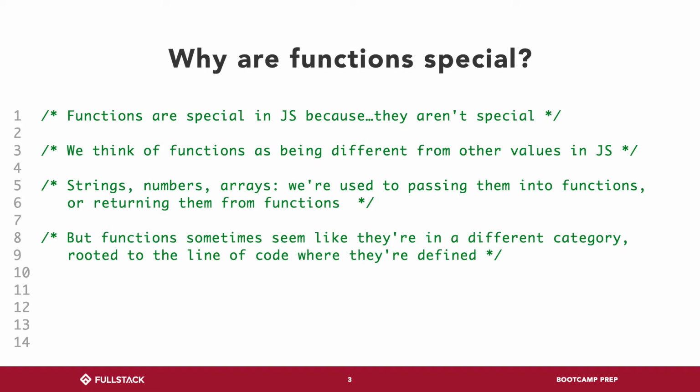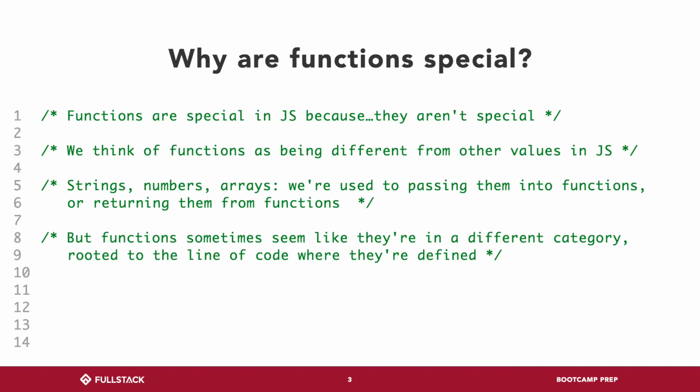It seems like functions are different, and they're not exactly the same, but we can treat them the same in terms of passing them into functions and returning them from functions. So a function can return a function. A function can also take in a function as a parameter. Just like arrays can contain other arrays, which can contain other arrays, and objects can contain other objects, functions can return functions. They can accept functions.